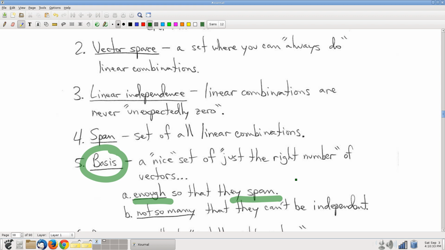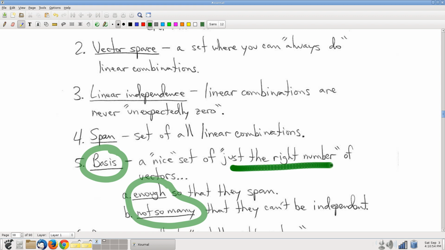If you don't have enough vectors, you can't span the whole vector space. You do have to have at least that many, but not too many. If you have too many vectors, then it wouldn't be possible to maintain independence, right? So you have to have a collection of vectors that has enough, but not too many, just the right number.